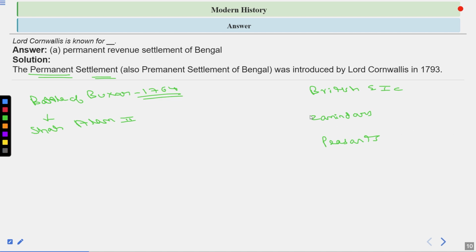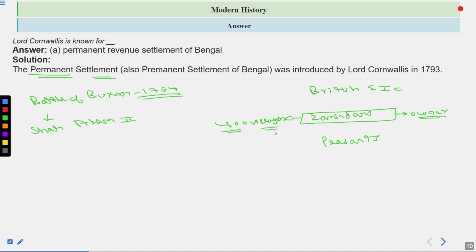It means they put zamindars as intermediaries in order to collect the taxes from the peasant. How does the system work? For example, the zamindar who had 400 villages under him, the entire land belonged to the zamindar. It means the zamindar is the owner of the land.